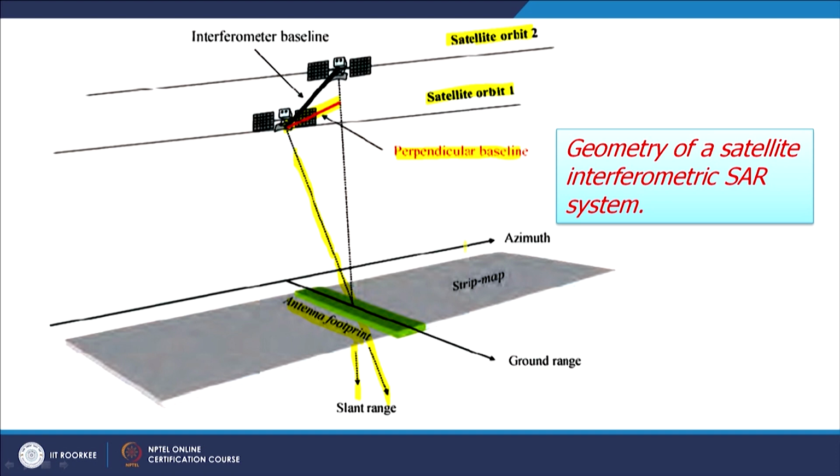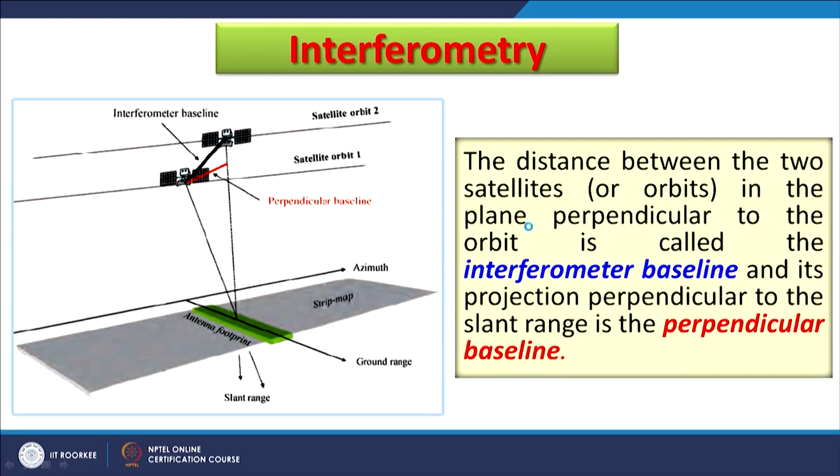Now, this is the flight direction we are seeing. This arrangement is there in SAR interferometry, and the satellite or sensor should be capable of acquiring data of the same area through slightly different look angles on successive orbits. The distance, as I was mentioning, is the perpendicular baseline, and there is also an interferometric baseline.